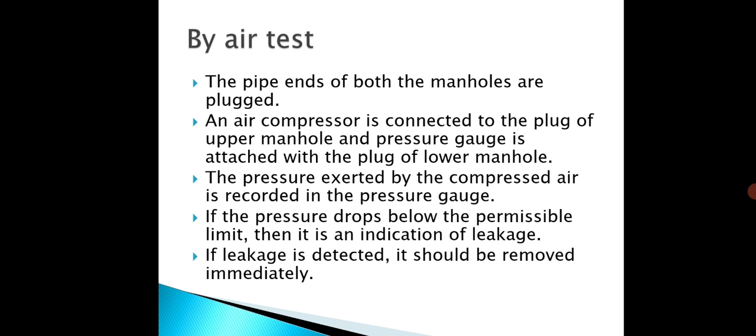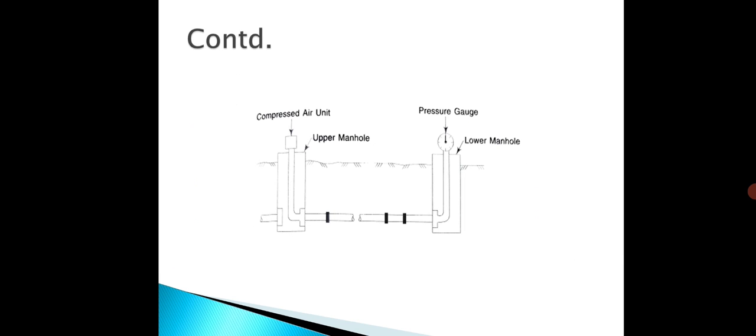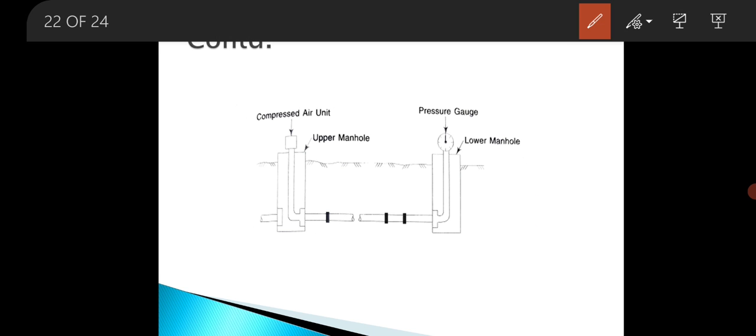Second method is by air test. By air test, the pipe ends of both the manholes are plugged and an air compressor is connected to the plug of the upper manhole.